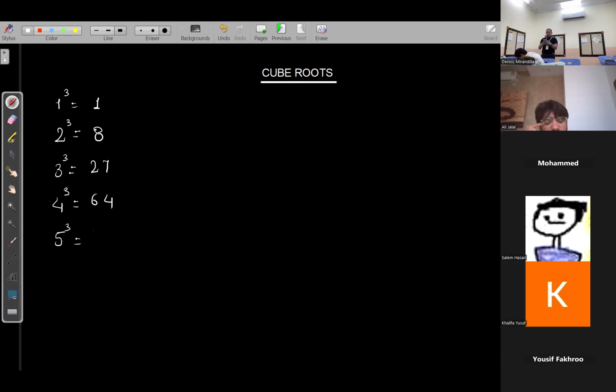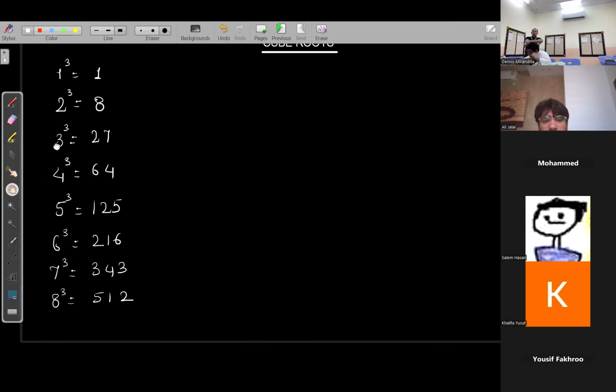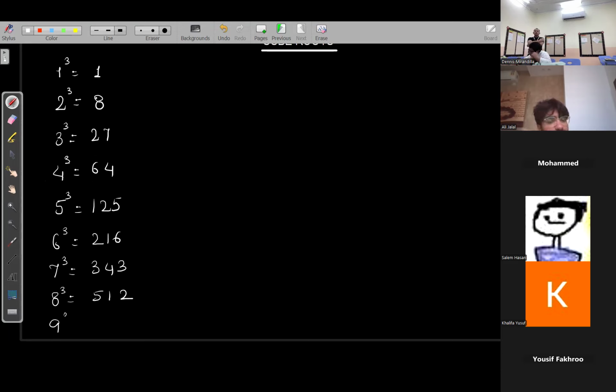Just memorize this much by heart; the rest is all good. 6 cube is 216. 7 cube is 343. 8 cube is 512. And 9 cube is 729. And 10 cube is 1000.